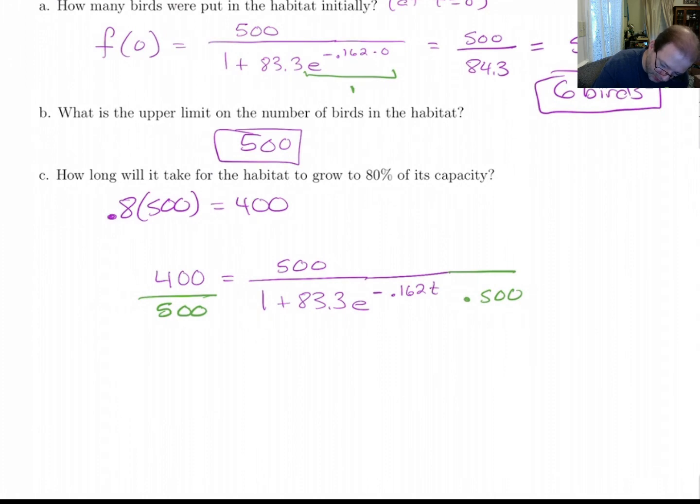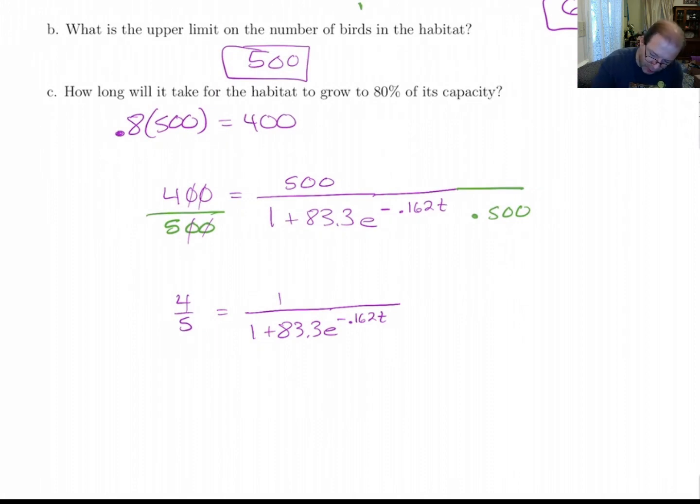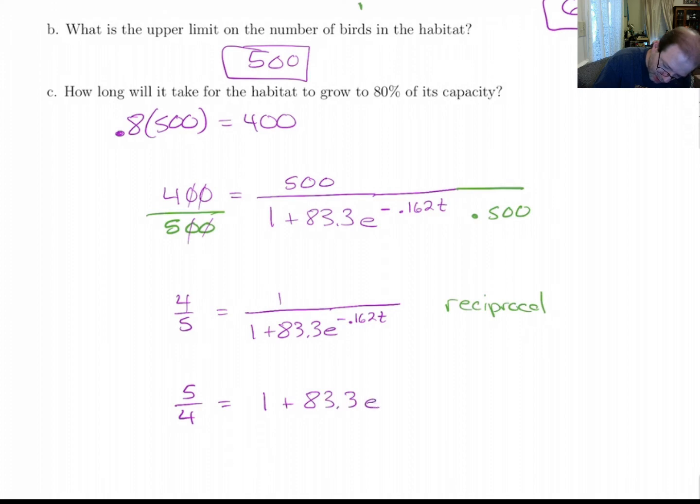Over here, you can cancel this and get 4/5 equals 1 over 1 plus 83.3 e to that. Now let's take the reciprocal of both sides. You could cross multiply, and I guess we could have cross multiplied on the first step, but I'm going to take the reciprocal of both sides and get 5 over 4 equals 1 plus 83.3 e to the minus 0.162 t.